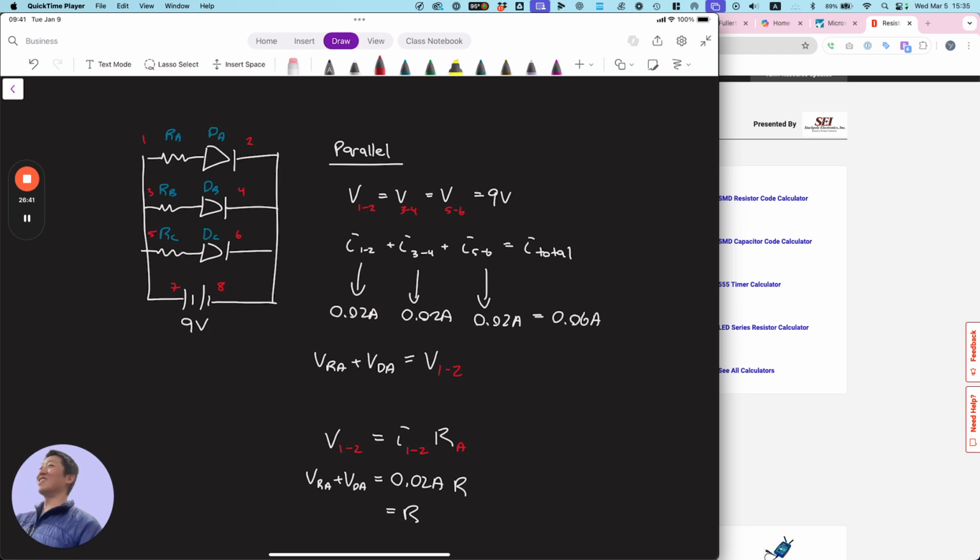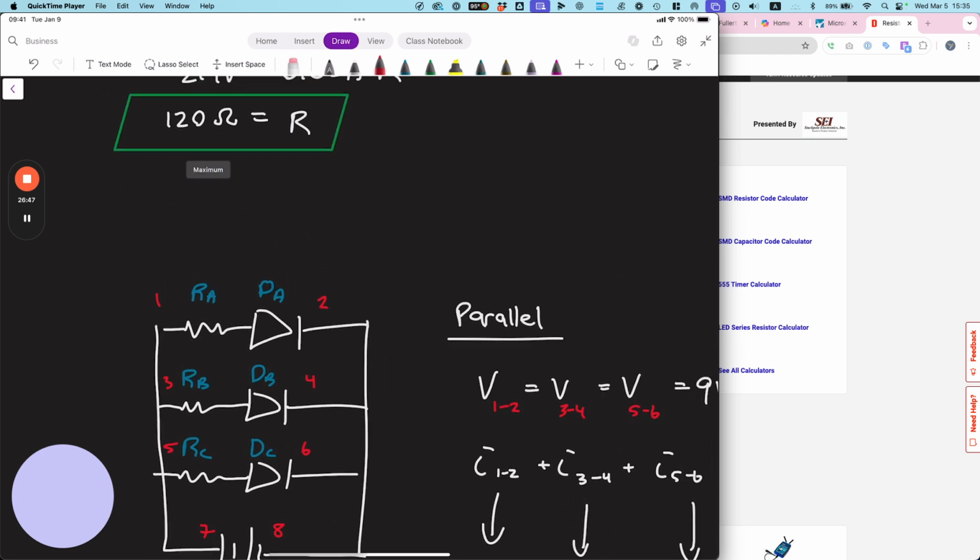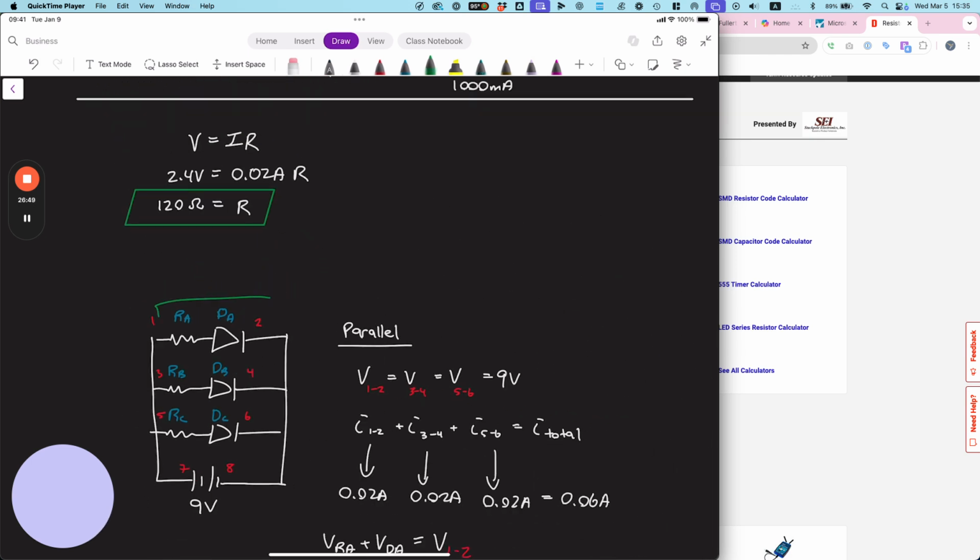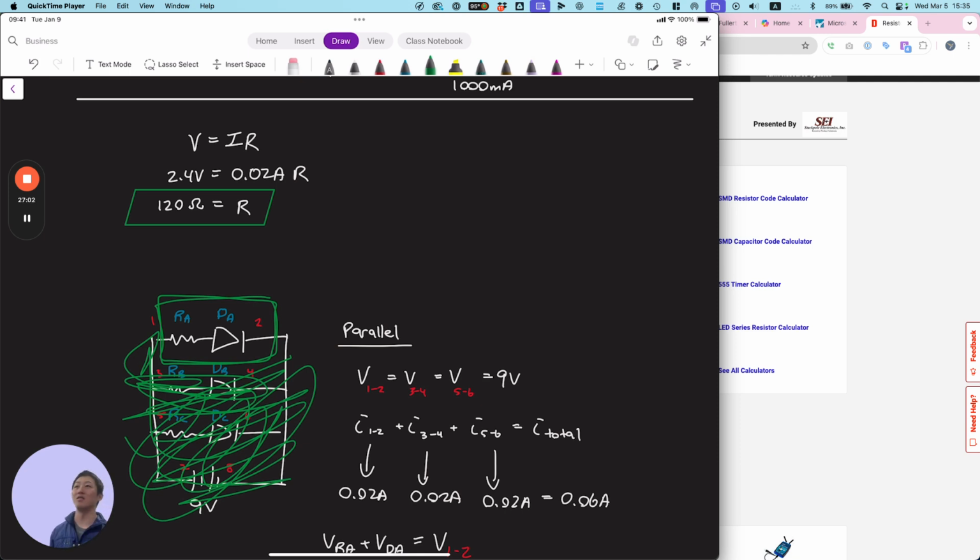Okay, I'll just complete this, and then maybe it'll make a little bit more sense as we keep doing more and more practice. Right now, imagine this thing is its own circuit. Ignore everything else. What do you see here? It's a series. So what is the voltage in a series?